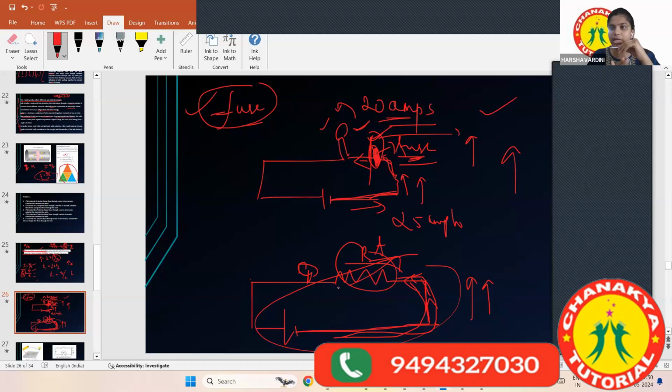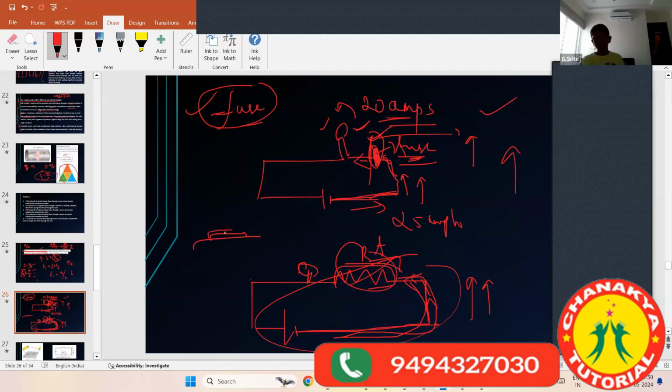So it protects the circuit, like a shield in the middle. Ma'am, does the resistor melt? No, that is what I'm saying. Resistor will have the capacity to stop the flow, but it is not protecting the circuit.